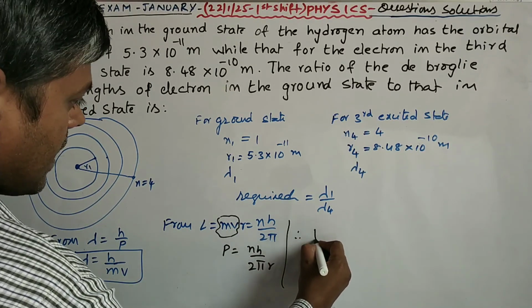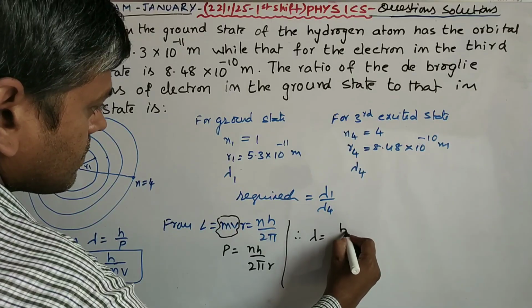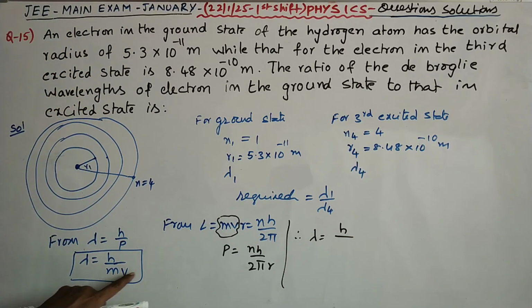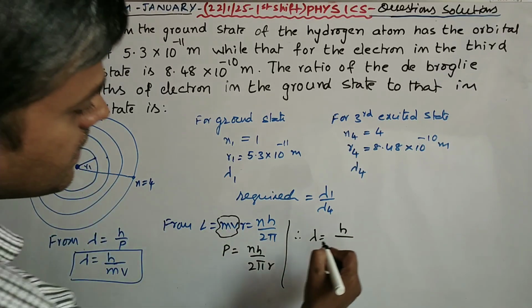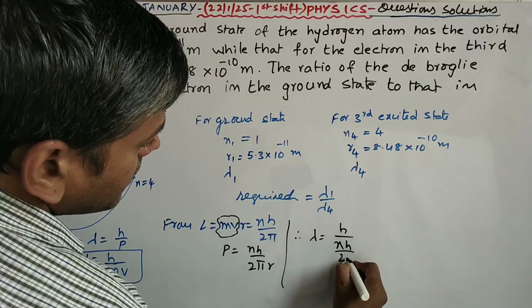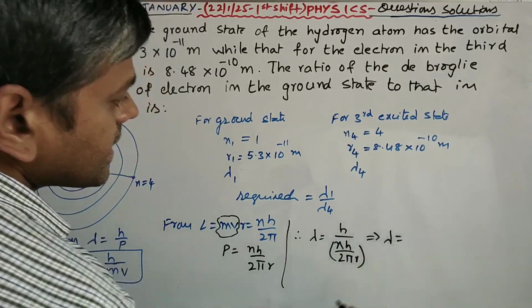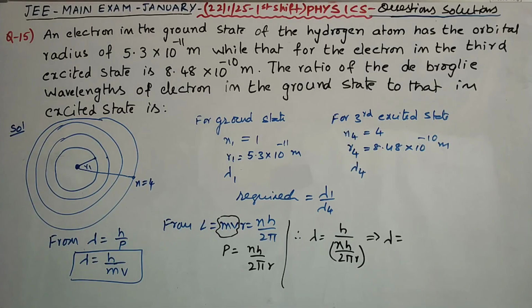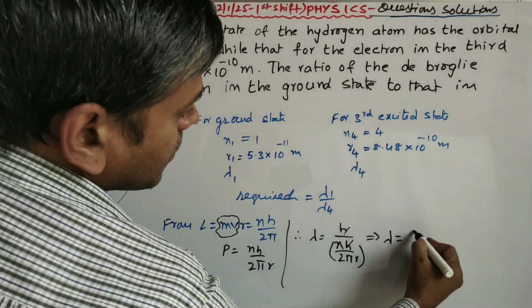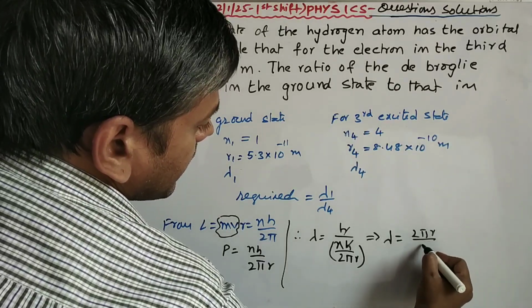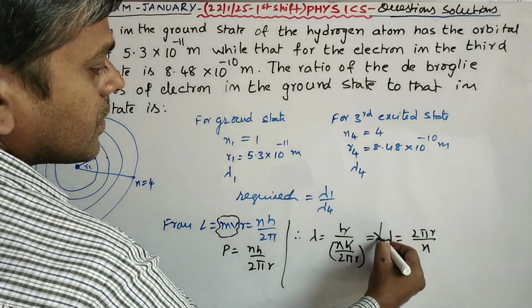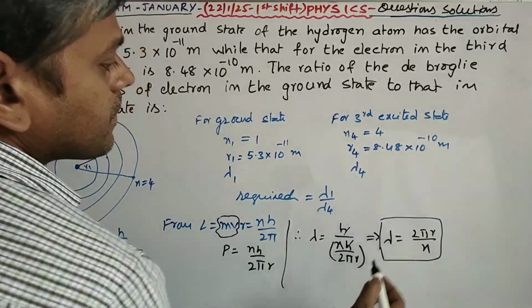Therefore lambda is equal to nh by 2 pi r, the h cancels, and lambda is equal to 2 pi r by n.